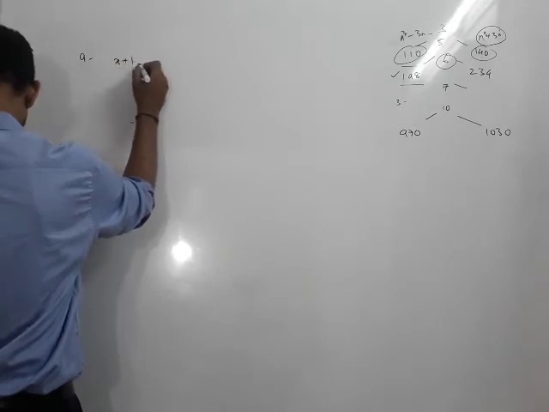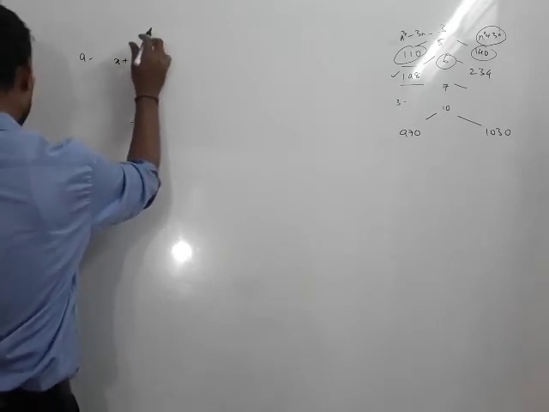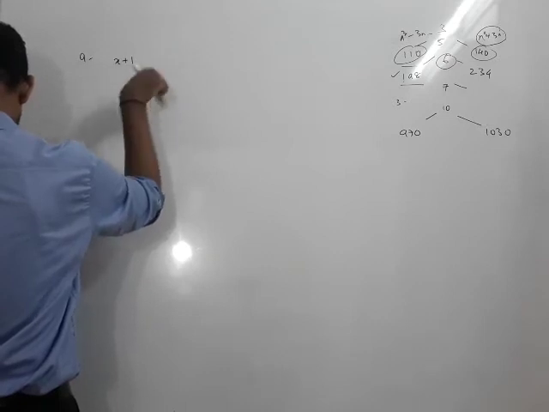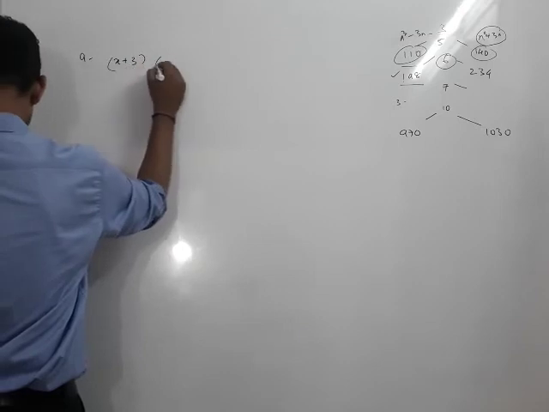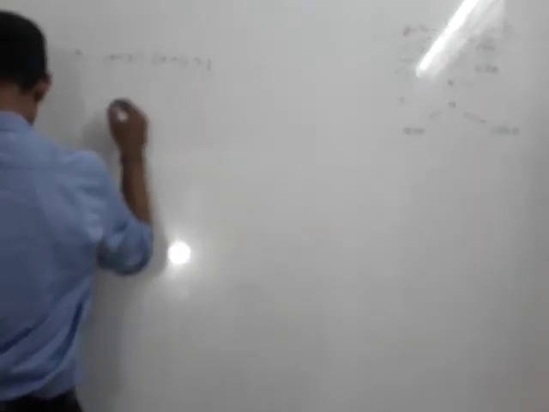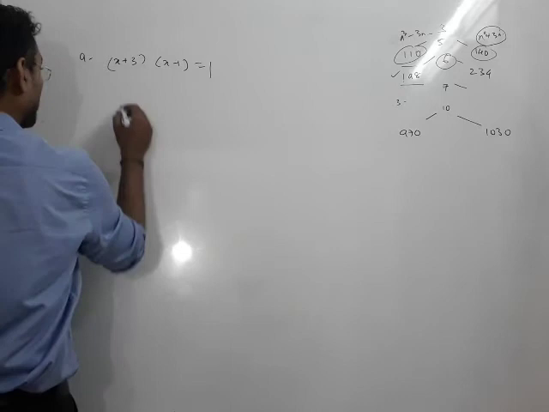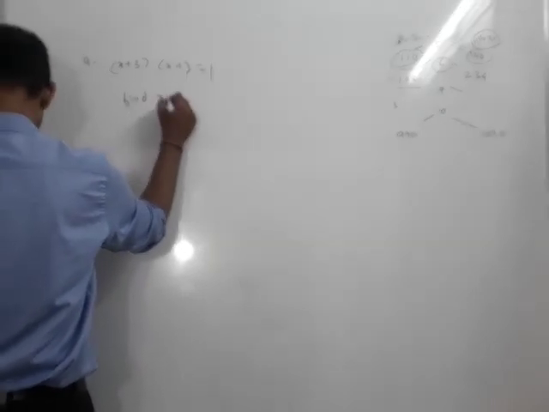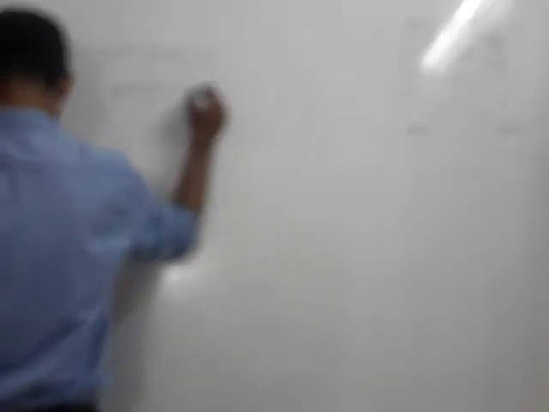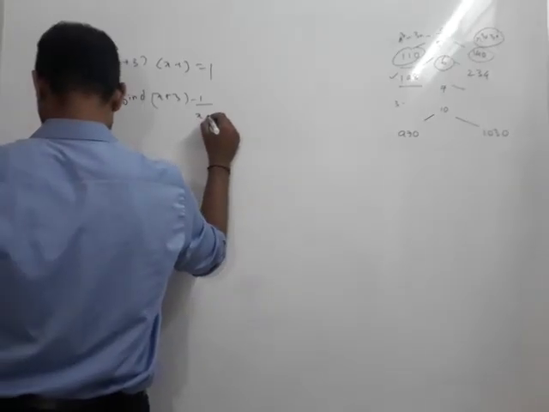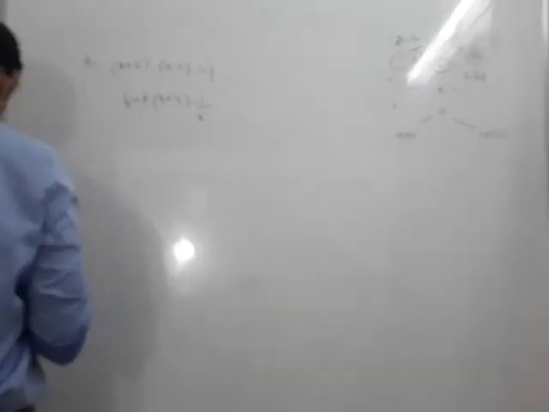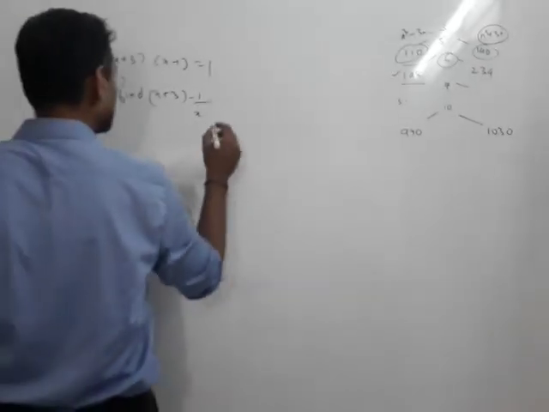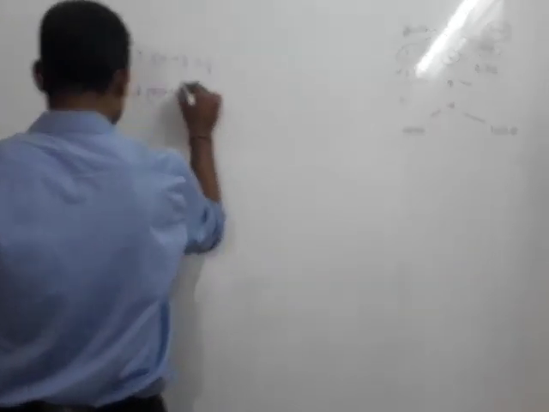x plus 3 into x minus 1 is 1. Find x plus 3 minus 1 upon x plus 3 the whole cube.